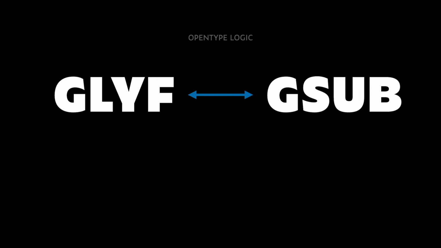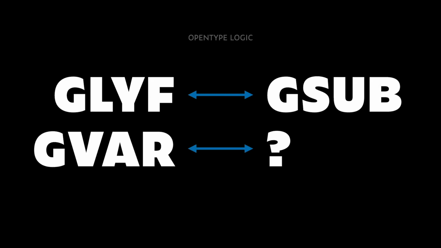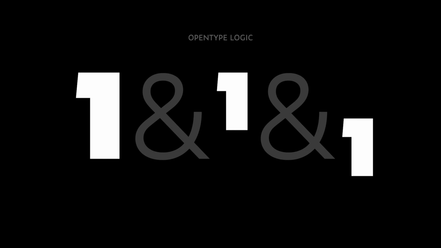We only know that we have something now which seems to succeed, or not surpass, the convention of current font technology. In current font technology, on the one hand we have the glyph table and the G-sub table, which allows us to contextually replace certain glyphs by other glyphs. And once we got the G-var table, which allows us to change the outline, there was nothing equivalent introduced to that.